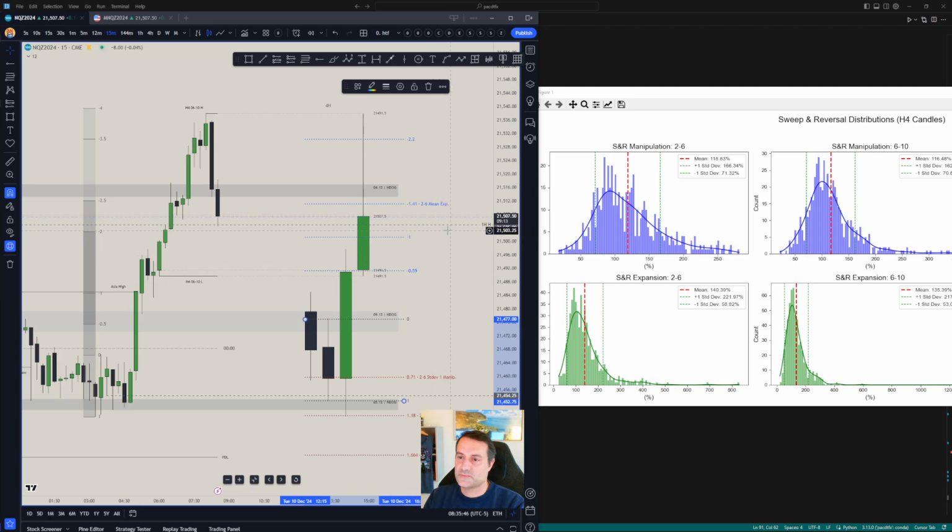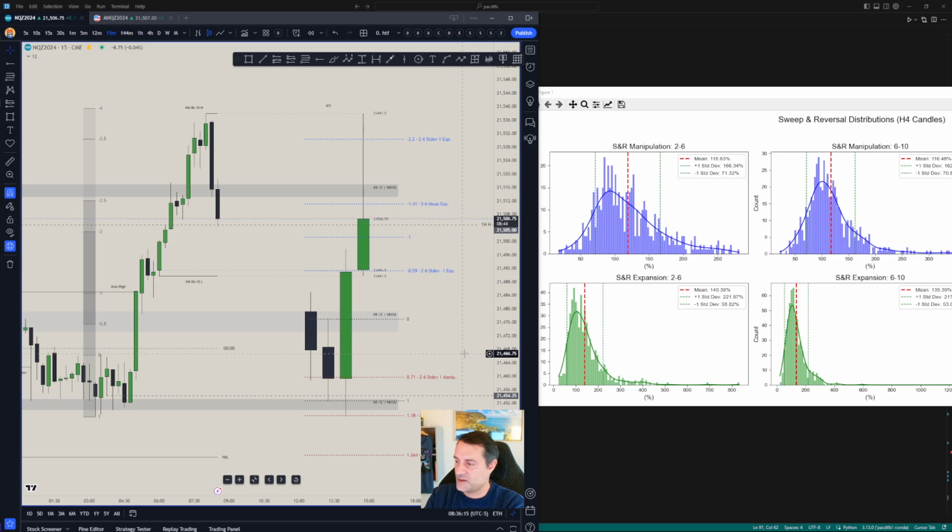Mean expansion, and then the 2 is the standard deviation expansion. All right, and then we have a 58, which is the -1 standard deviation expansion. Okay. All right, so this would be worth using for backtest.